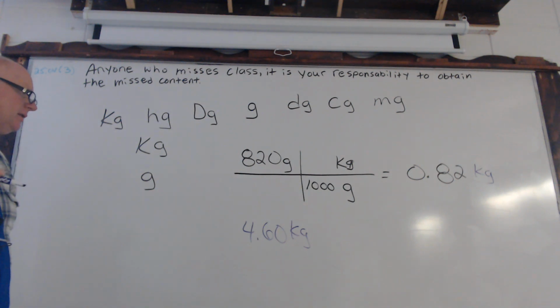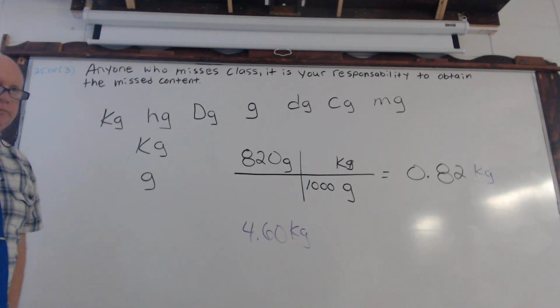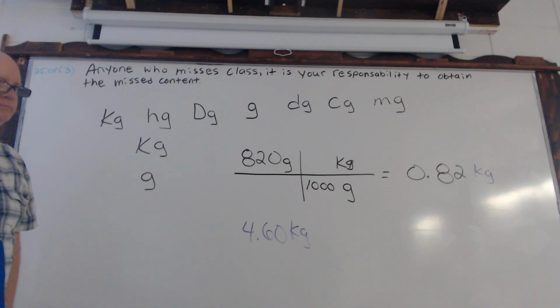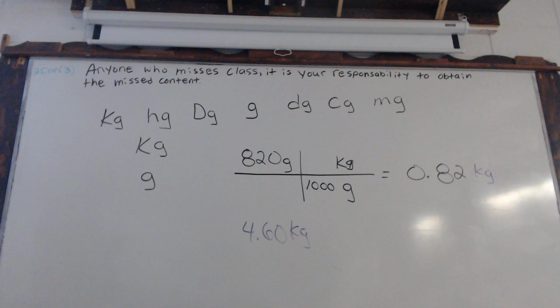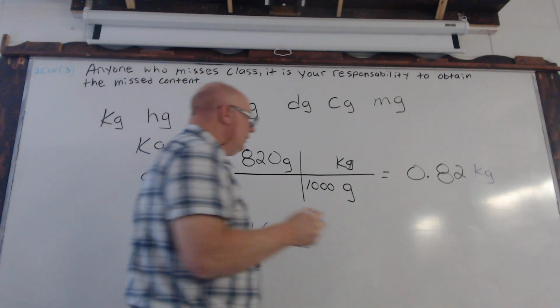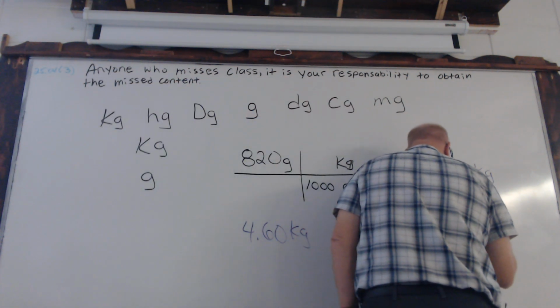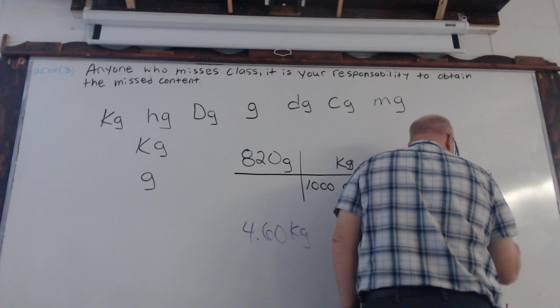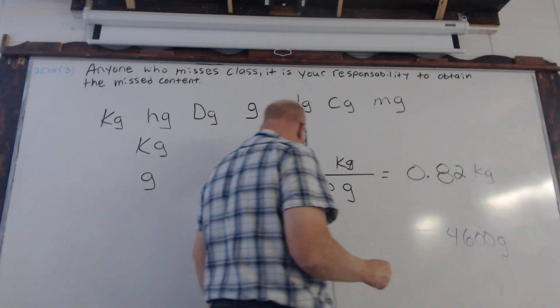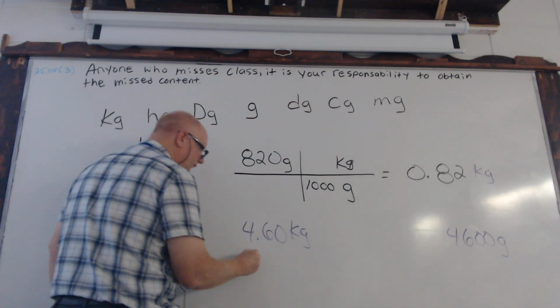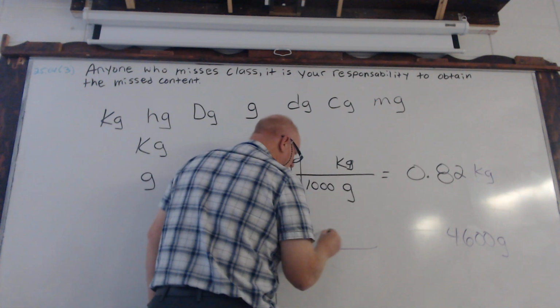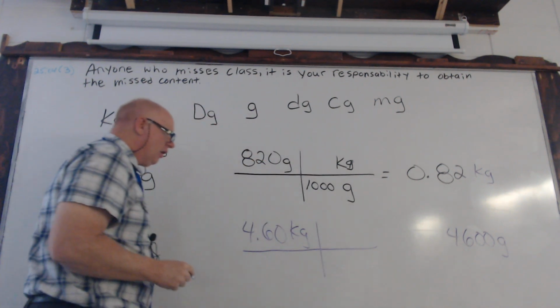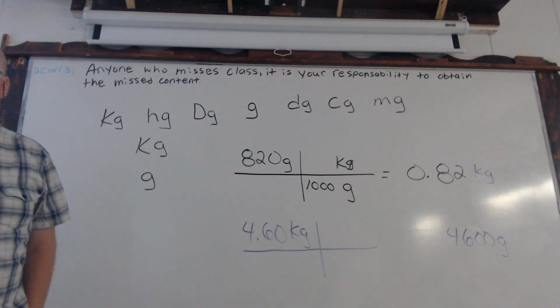Well, yes. But what would- 460 grams. I meant 4,060. 4,600, yes. Okay? So, in case some of you are wondering, well, how did you get 4,600? Okay? Well, how many grams are in a kilogram?